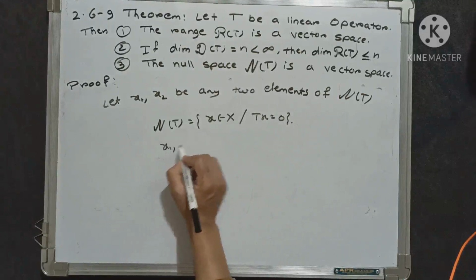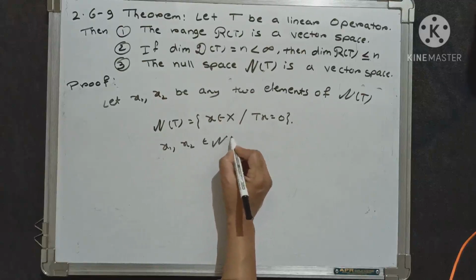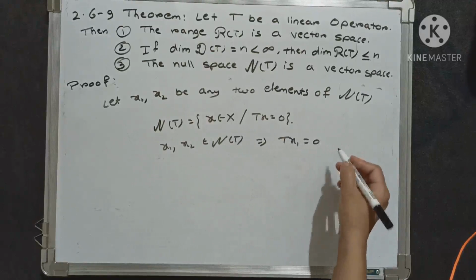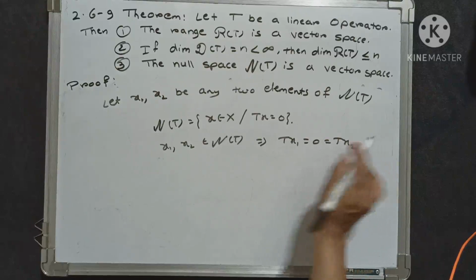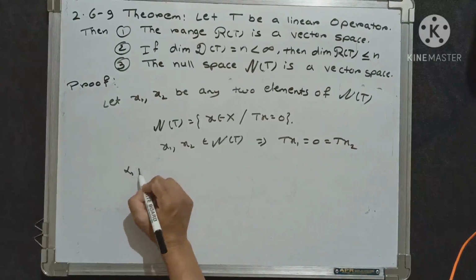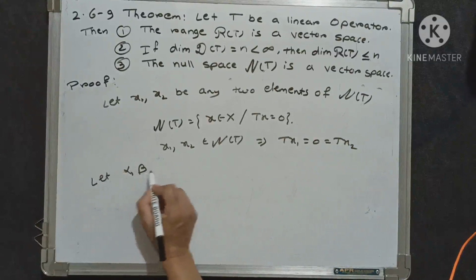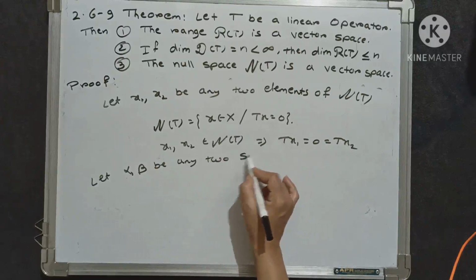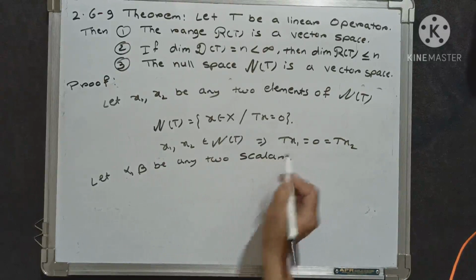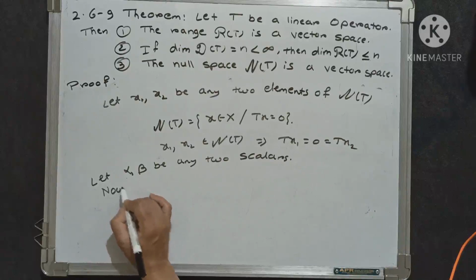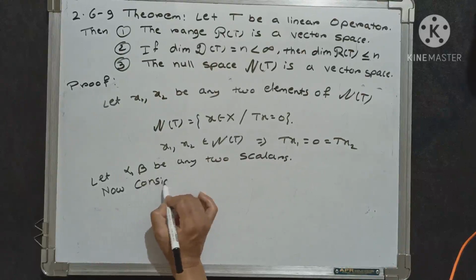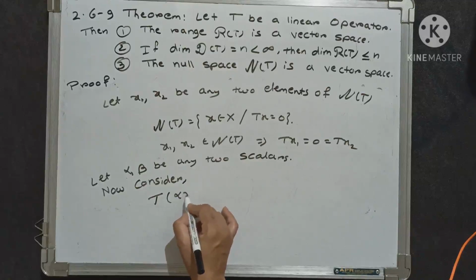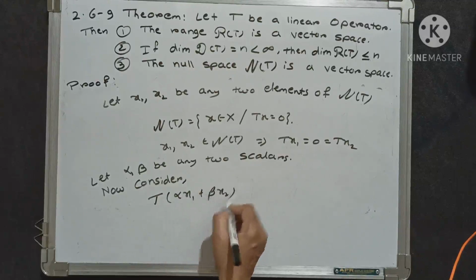Since x1 and x2 are two elements of the null space N(T), Tx1 equals 0 and Tx2 also equals 0. Now let alpha, beta be any two scalars. Consider T of alpha x1 plus beta x2.